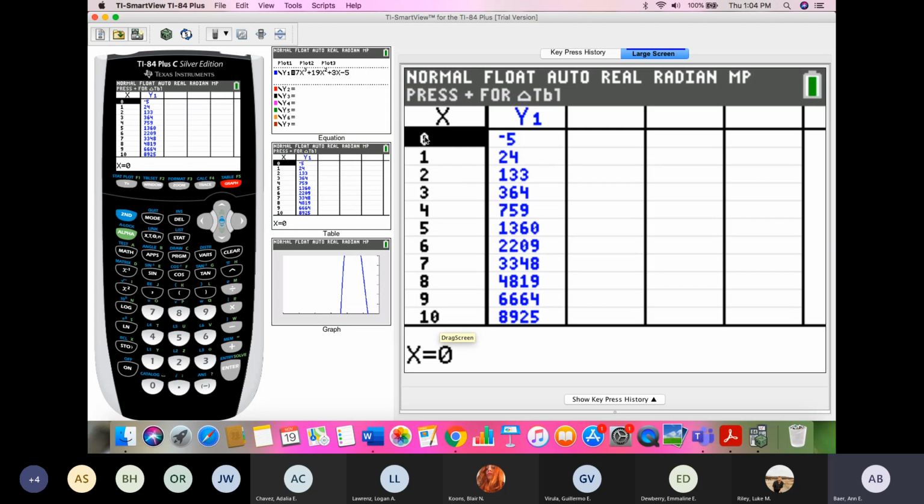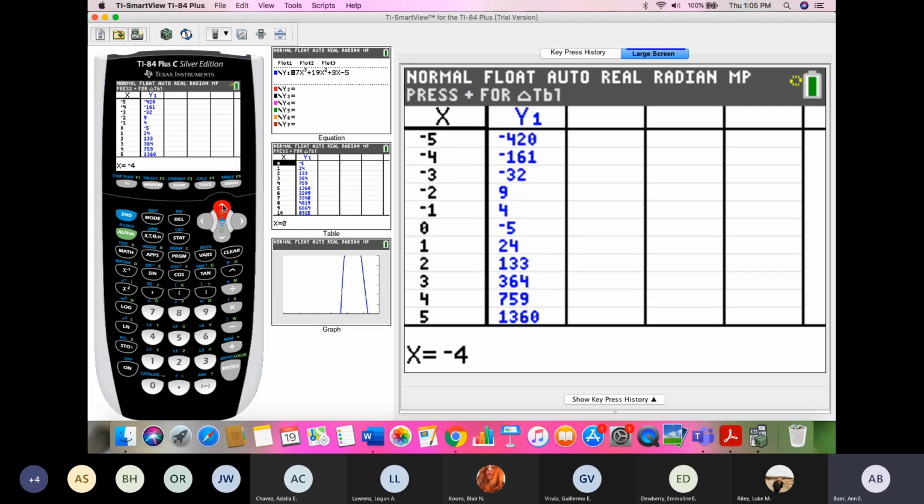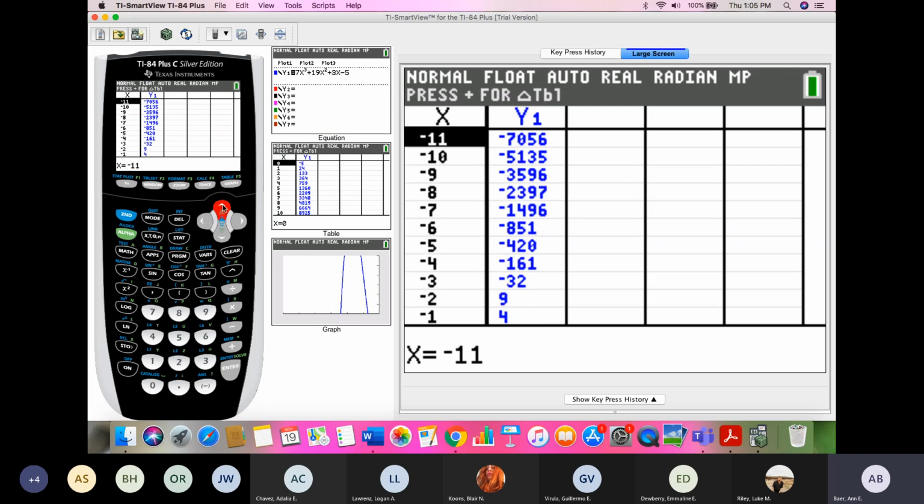If we back up and go the other way, using this up arrow here, we're not seeing the number 0 in the y column at all. So the graphing calculator isn't helping us find a zero by using the table.